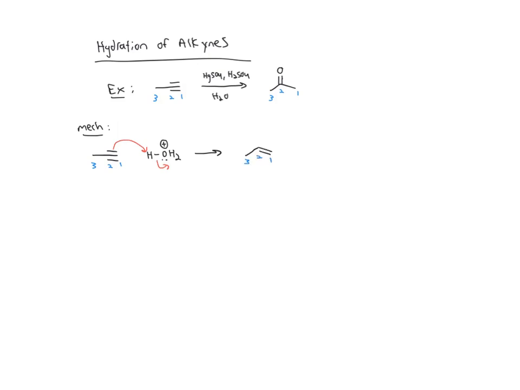We saw in that video that we had to still decide which one was the more substituted carbon because that's going to get the positive. Carbon 2 is more substituted because it's attached to 3 and 1, whereas carbon 1 is only attached to carbon 2. And so we're going to put our positive charge on carbon 2, and the H is going to go to carbon 1.